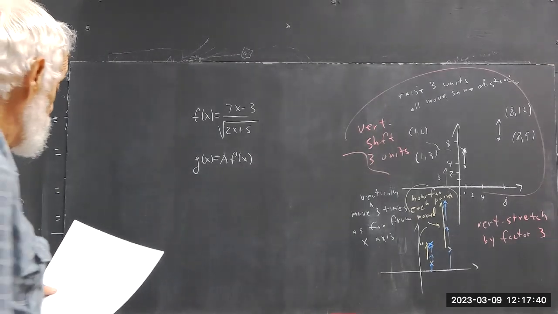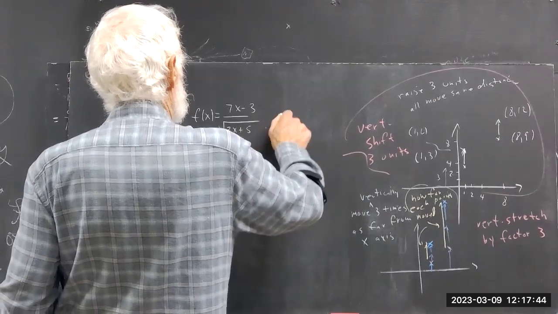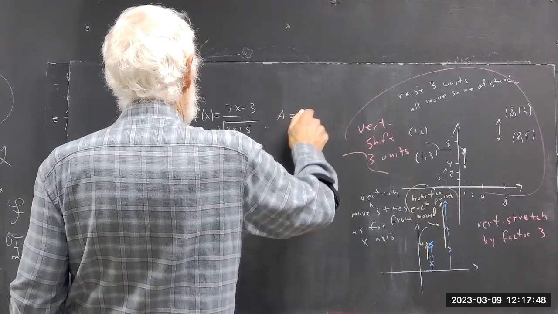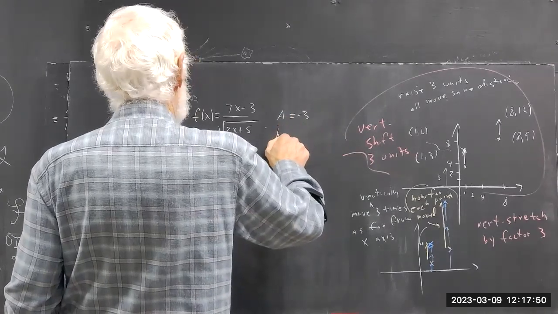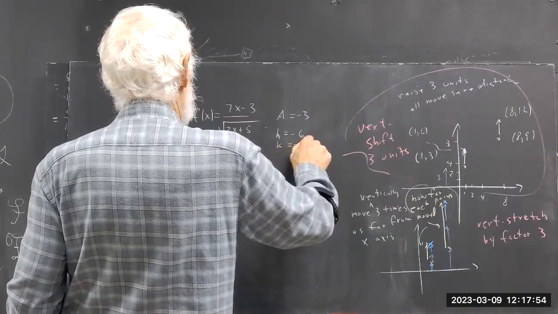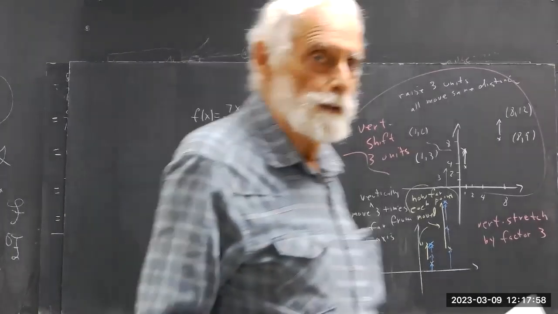Now, in the statement of the problem, I tell you that a equals -3, h equals -6, k equals -9. Different versions of the problem give different expressions.